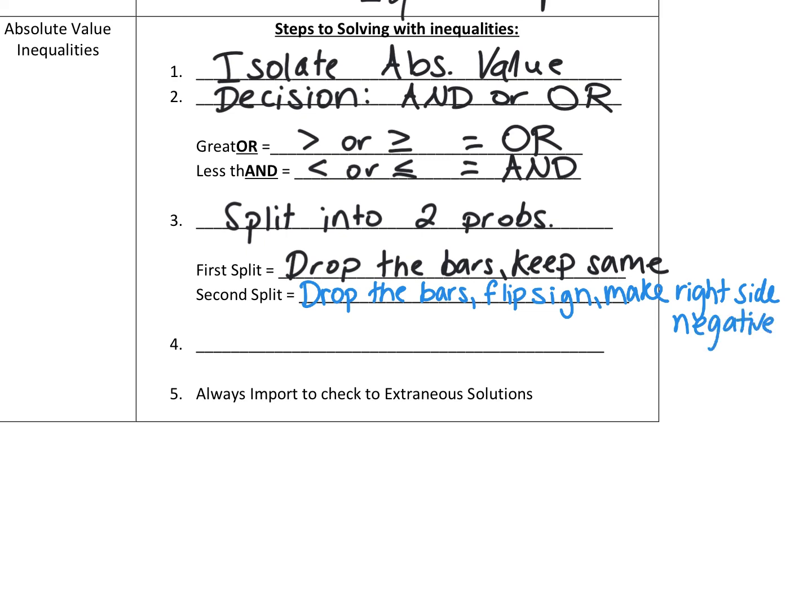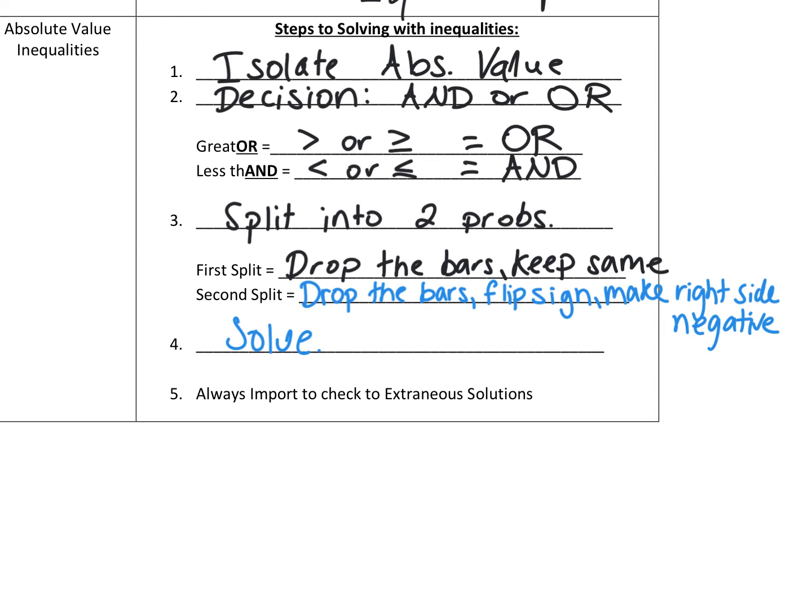If the right side's already negative, it will become positive, because a negative number is a positive number. And then, last but not least, solve it. That's it. Everybody got that down?